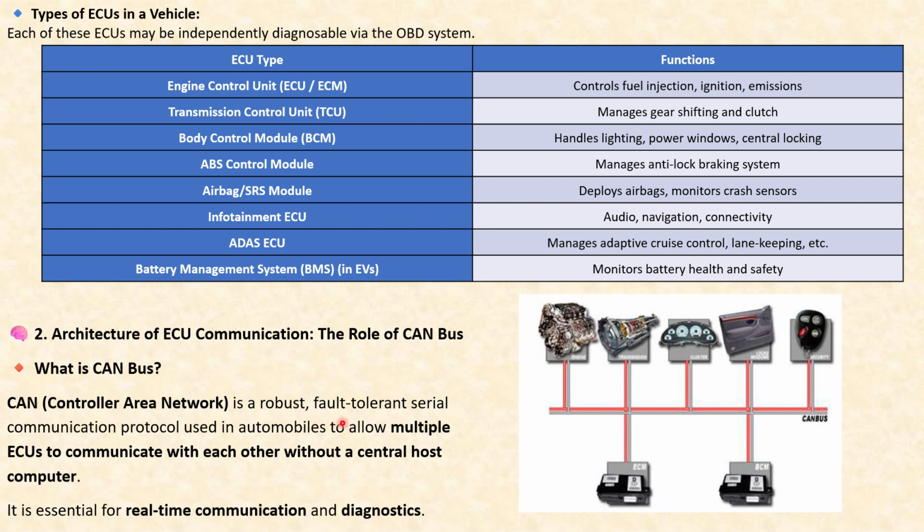It allows multiple ECUs to communicate with each other without a central host computer. So with one fell swoop, CAN has eliminated the necessity of the central host computer, which makes CAN such a user-friendly communication protocol. And it is absolutely essential for real-time communication and diagnostics.